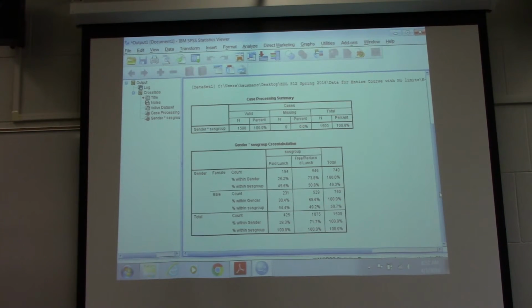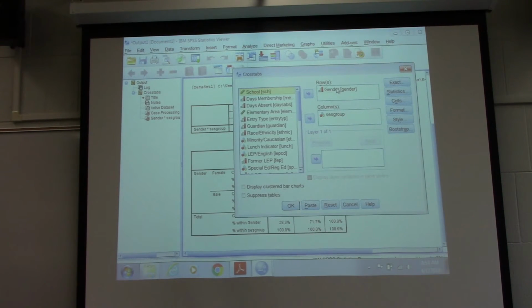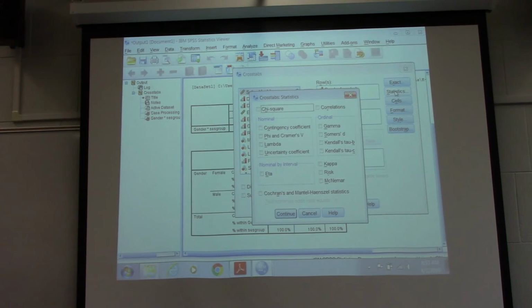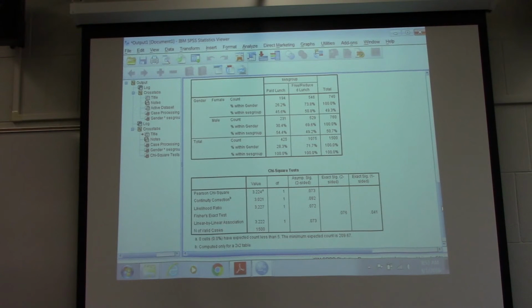So if I want to know if gender and free and reduced lunch rates are independent of one another, I'm going to go back to my analysis, descriptive, crosstabs, and you'll see statistics. We've already got our row and column percentage, but we haven't actually run a statistical test. All I need to do is click on it, find Chi Square, click OK, and this time the output at the bottom adds the Chi Square test.